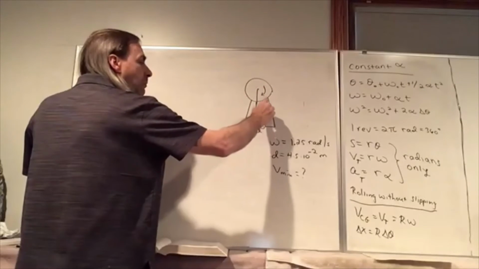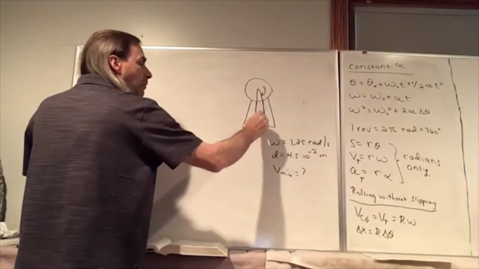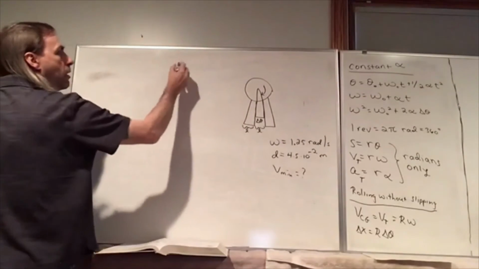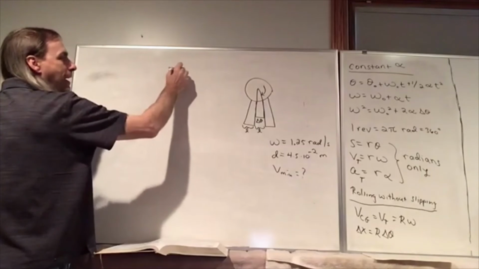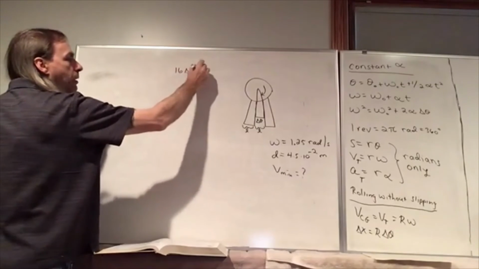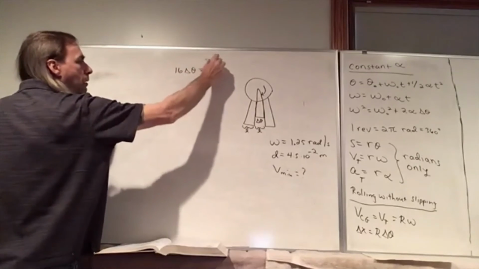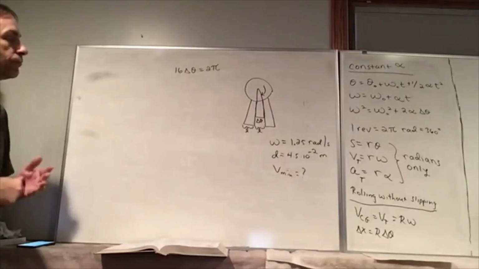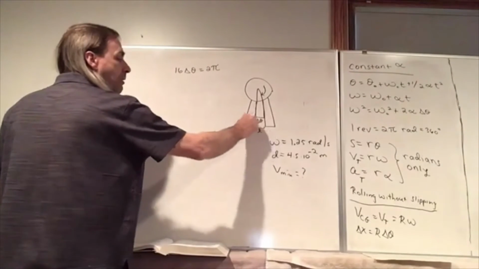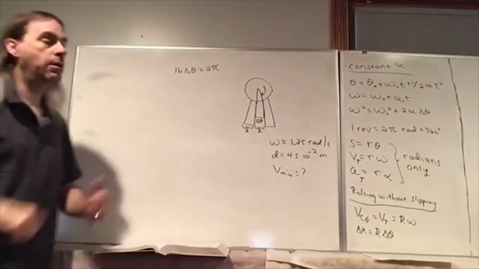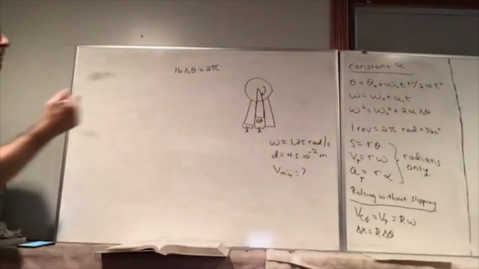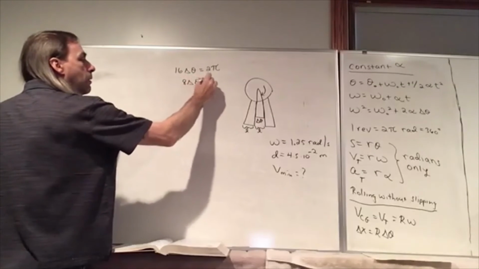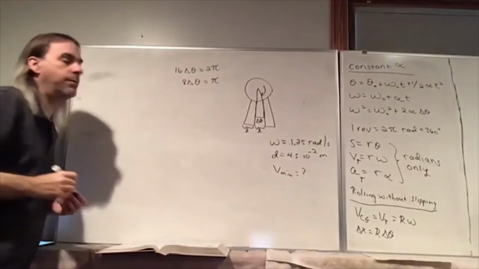There are 8 blades and 8 gaps, so overall 16 delta theta is equal to 2 pi. There would be 16 all the way around. We can divide by 2, so 8 delta theta is equal to pi.